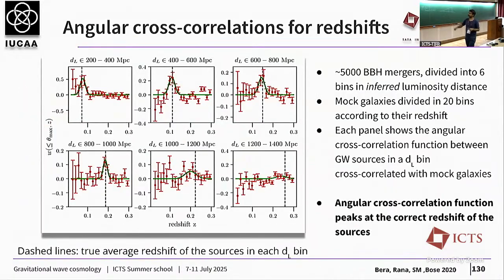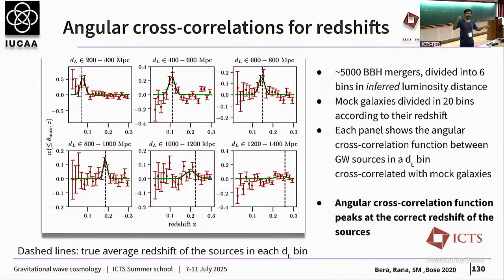So this is a thing that we did with Anthony Beira, who was a postdoc at IUCAA at that time in 2020. This is a simulation. So we simulated about 50 to 500, 5,000 in this case, binary black hole mergers. You can see larger numbers. And then they were coming from the large scale structure distribution.